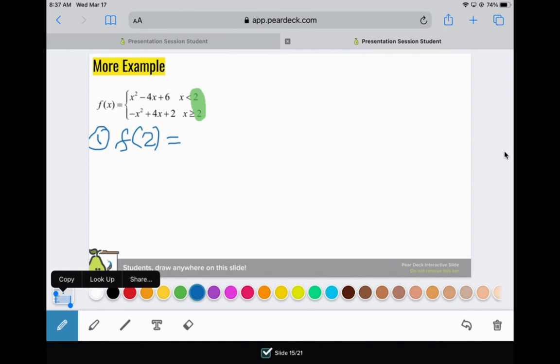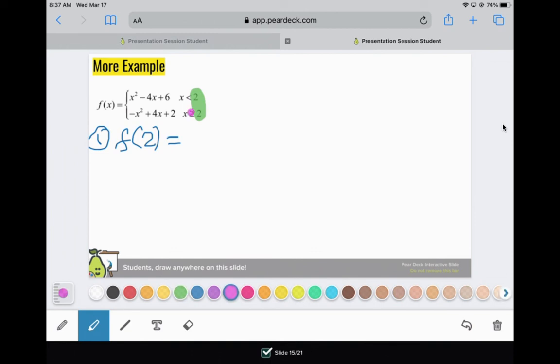Now the next question would be, do I plug it into the top or the bottom function? The bottom one, because that's the one with the equal sign, right? Good, thank you. So I will test that out. I'll plug it in.